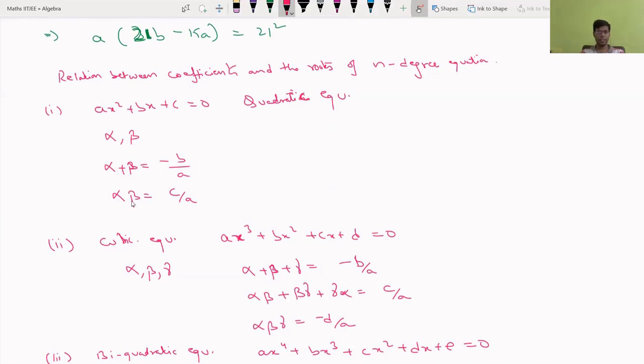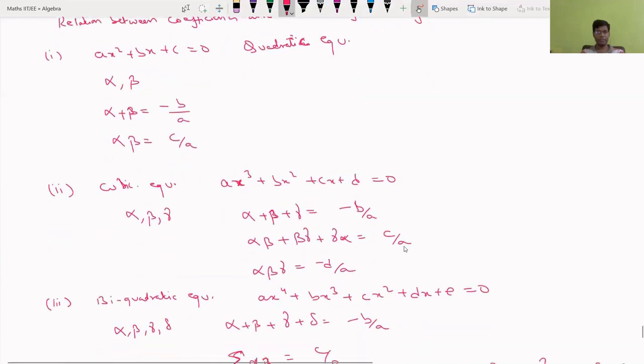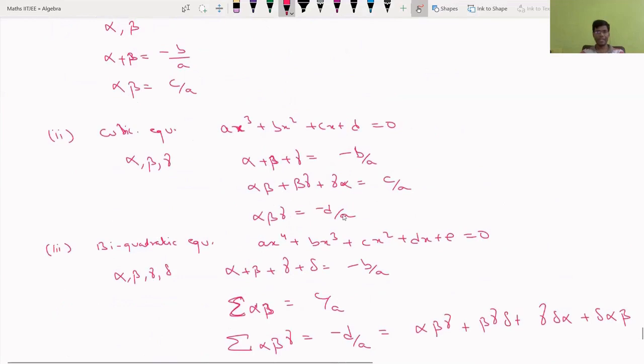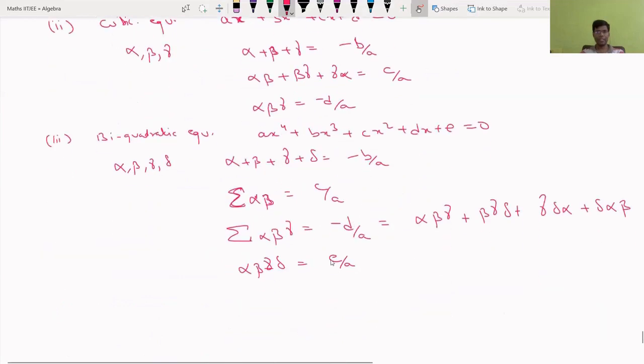Here, because taken 2 at a time, or the total product is the same. So that's why we are getting alpha beta is equal to c by a. And if you see, there is alternate plus minus sign, minus b by a, then c by a, in all the cases c by a, and then minus d by a, and then plus e by a. So minus, plus, minus, plus.